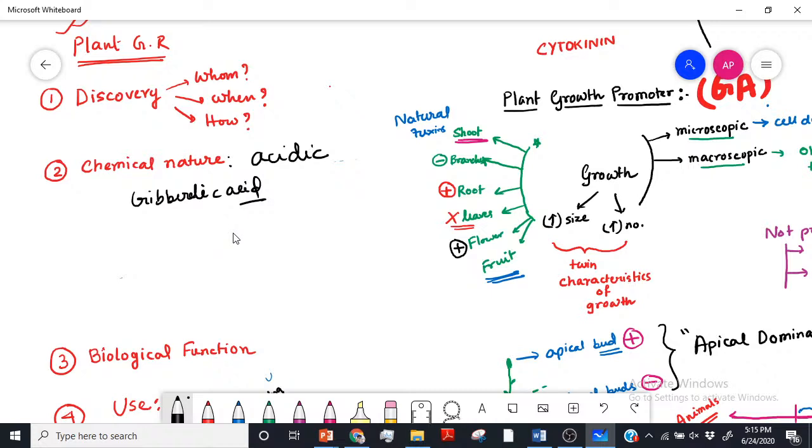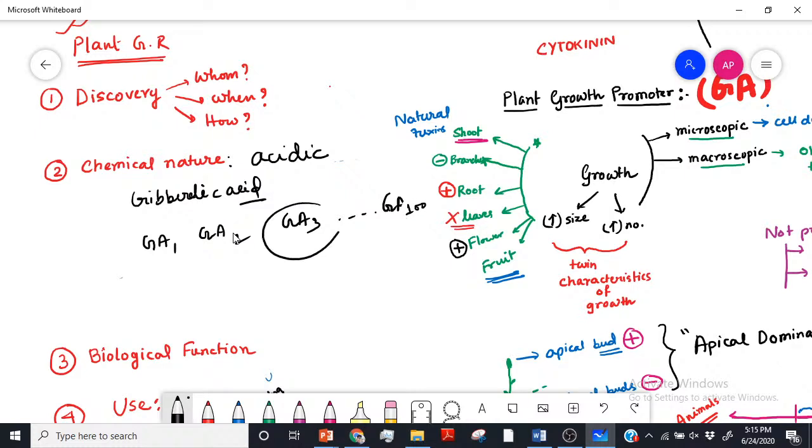They are denoted as GA1, GA2, GA3, and so many. There are almost 100 GAs present. Sorry, I wrote 1000. It is supposed to be 100. So more than 100 GAs have been reported.